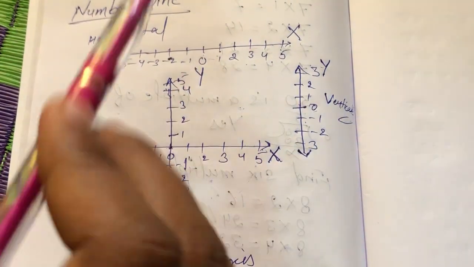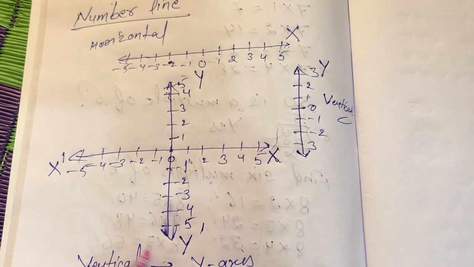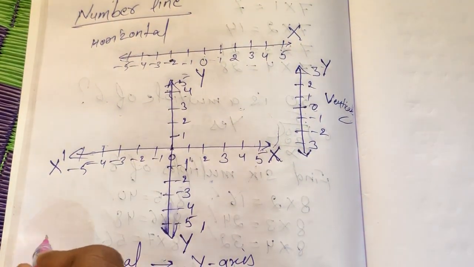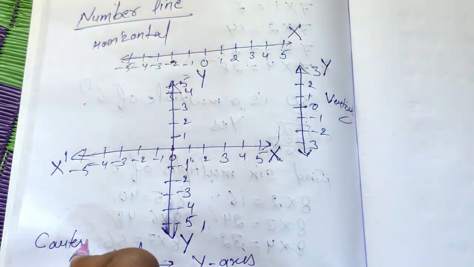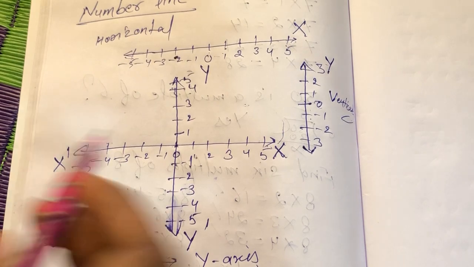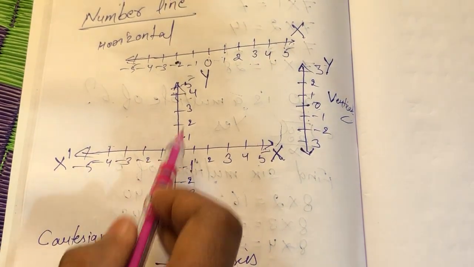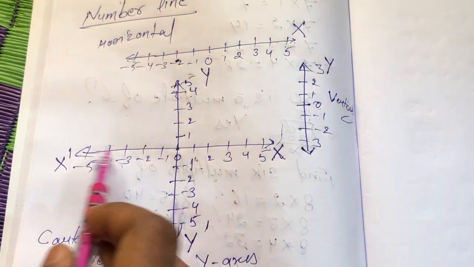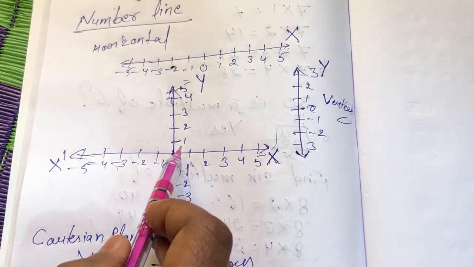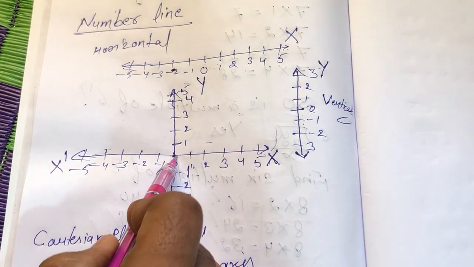Again I am telling, this whole combination is called the Cartesian plane. This whole combination is where the x-axis and y-axis intersect at 90 degrees at the origin.